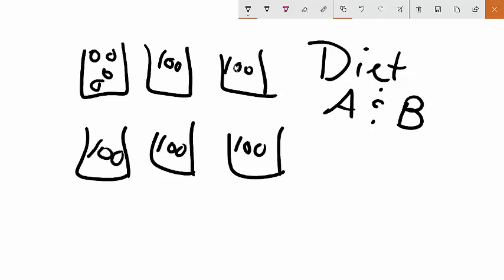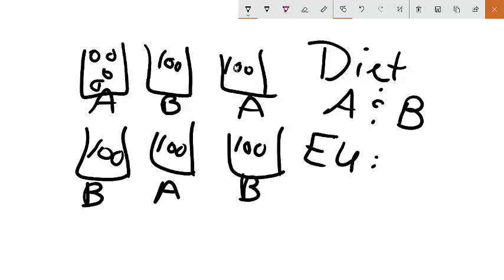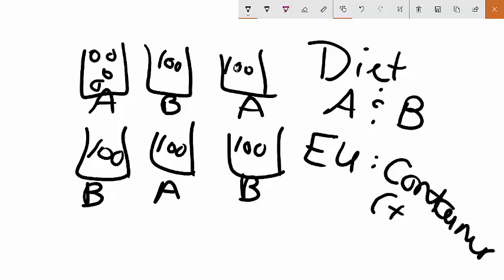So I'm randomly going to apply it so this entire container receives each of the diets. So here my EU is going to be the container or the tank, and there's 6 of those. My OU, it says that the weight of each individual fish is measured.